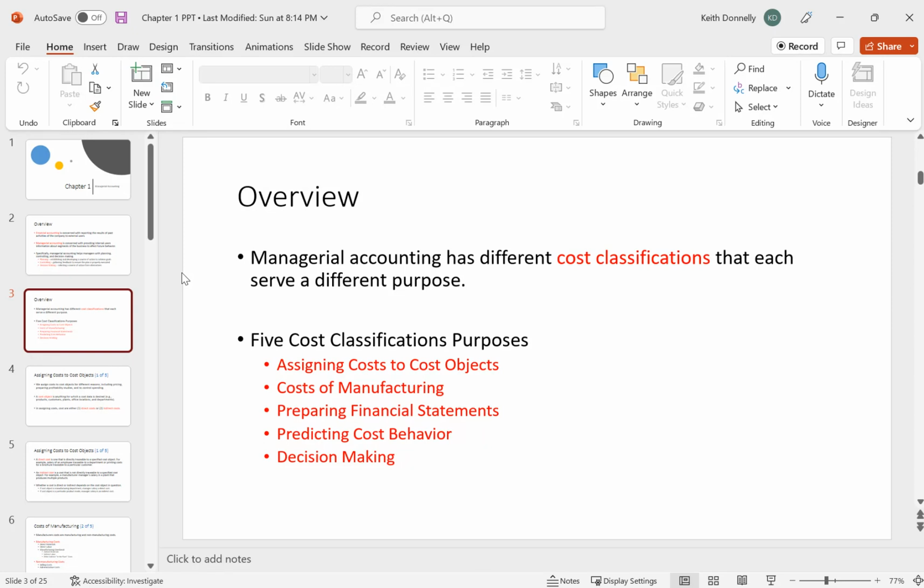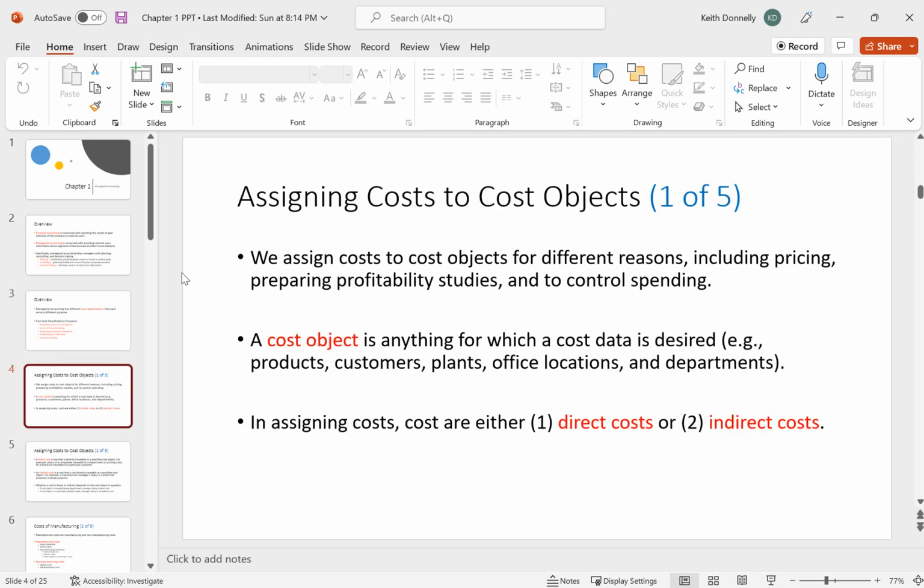So like 1, 2, 3, 4, 5. Now, each of them we're going to look at individually, but essentially what we're doing here is we're going to use the word cost like 15 different times with like 15 different definitions to it. So I'm just making you aware of this moving forward.